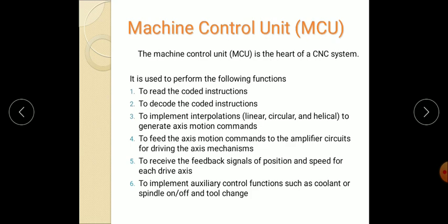So it is nothing but the heart of CNC machines, which is required to follow this set of instructions so as to execute the given task.